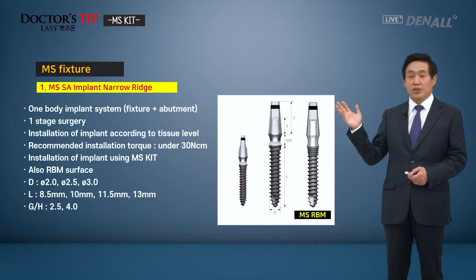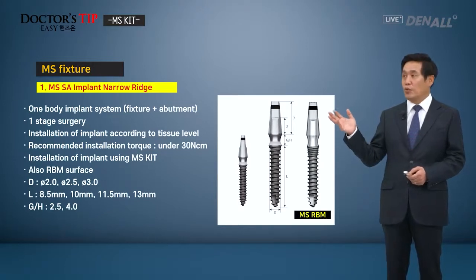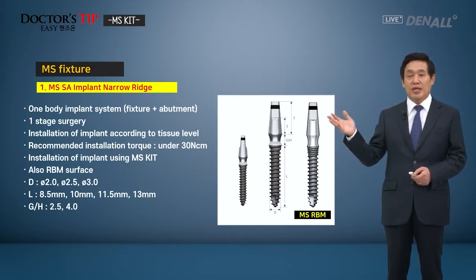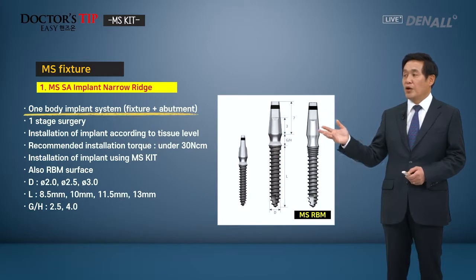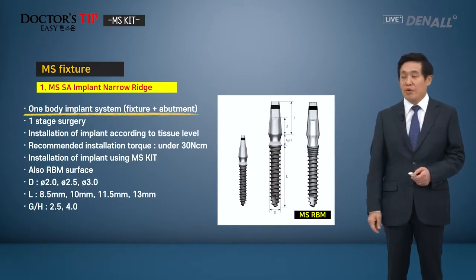And for the MS fixture, what are the characteristics? Of the MS implant fixture, the narrow implant has an SA surface, like TSA, and the fixture and abutment are connected as one body. It's a one body implant system.